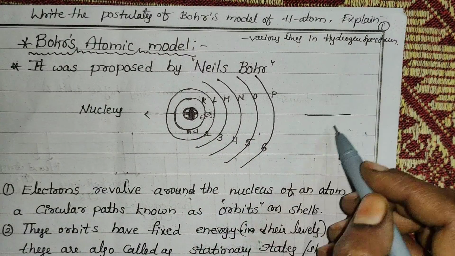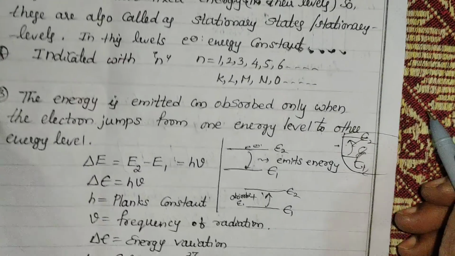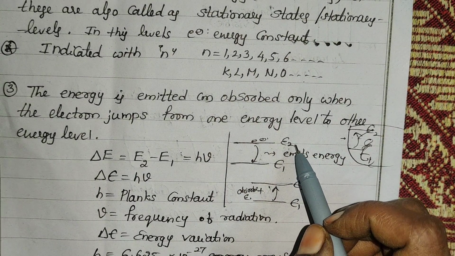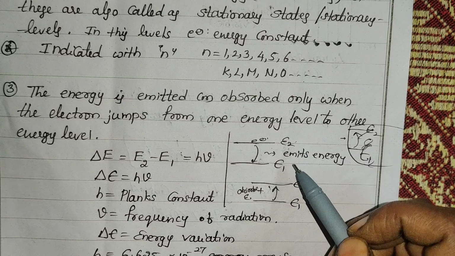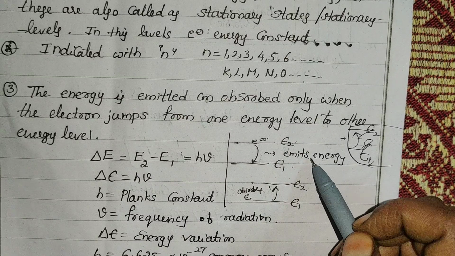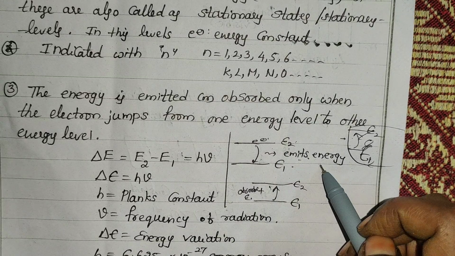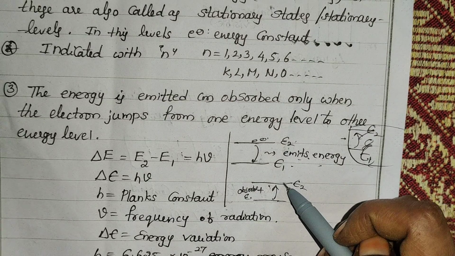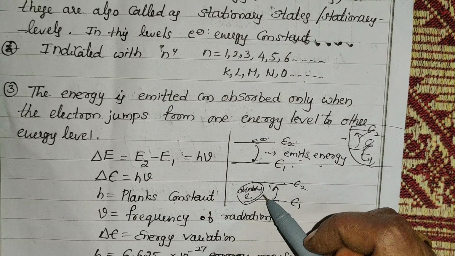But when an electron jumps from a higher energy level to a lower energy level, energy is emitted outside. If it jumps from a lower energy level to a higher energy level, it will absorb energy.